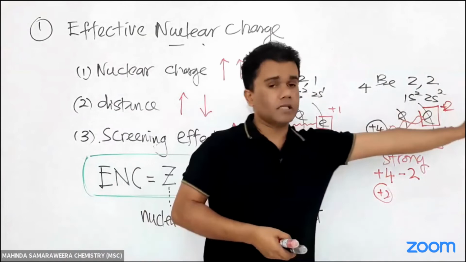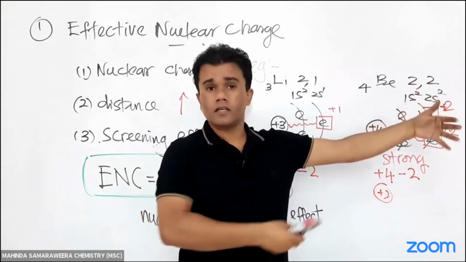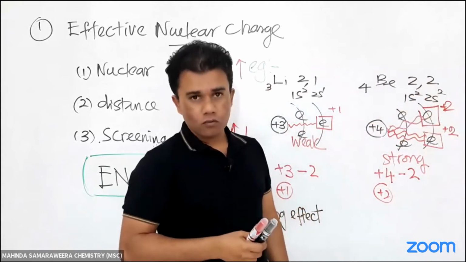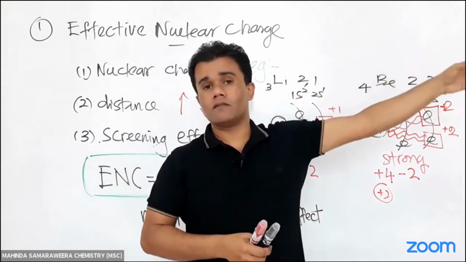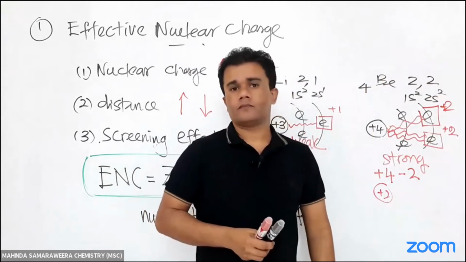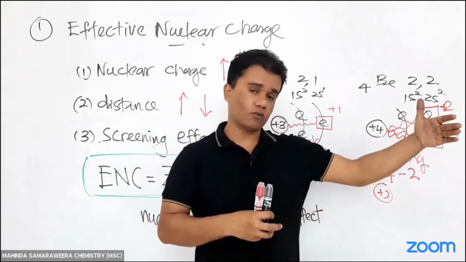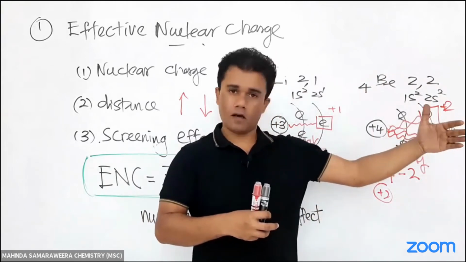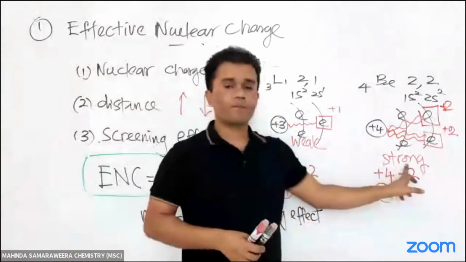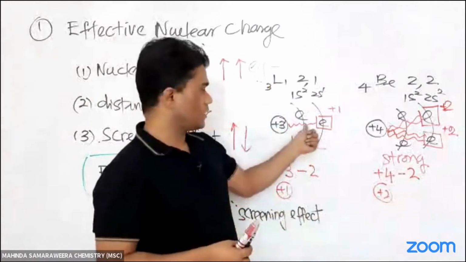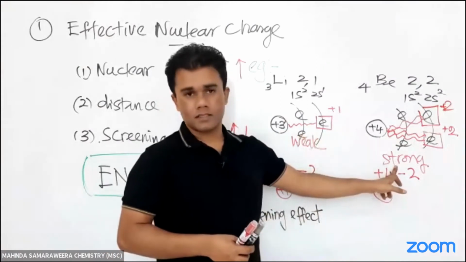When you go to the other member, boron, 3 electrons are there in the outer energy level, but those electrons are very strongly attracted by the nucleus. So going along the period, that attraction will be even stronger. Effective nuclear charge increases. The attraction between the nucleus and the outer electron cloud increases. Right, you got these two. If you want, you can show these things also, then it will be more clear. Here weak attraction between the nucleus and outer electron. Here strong attraction compared to this.